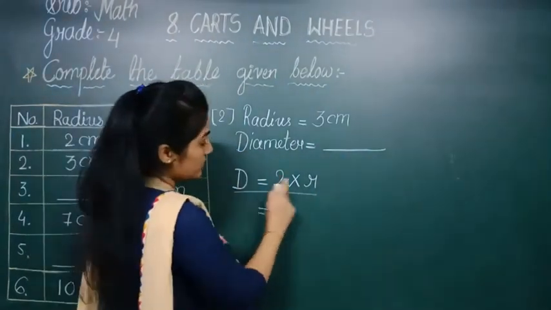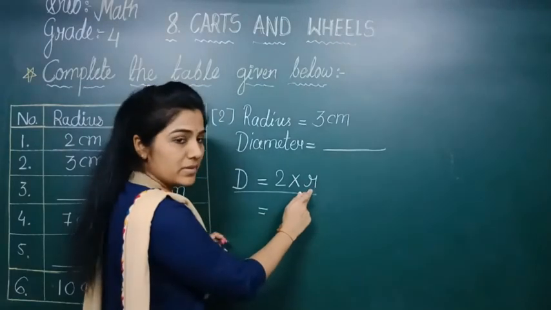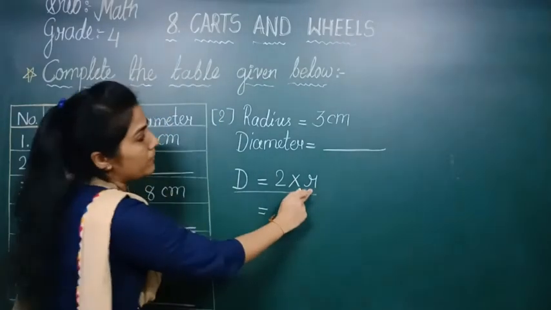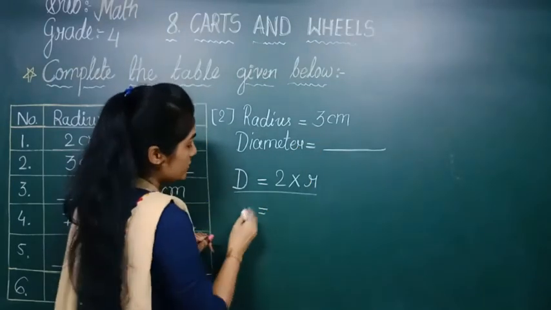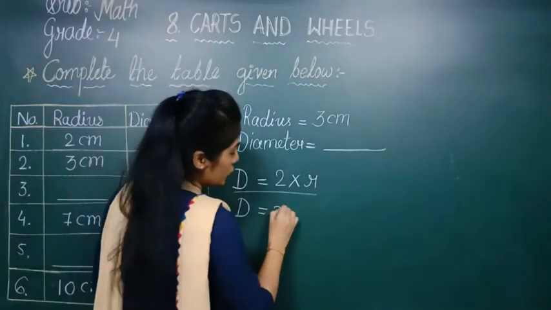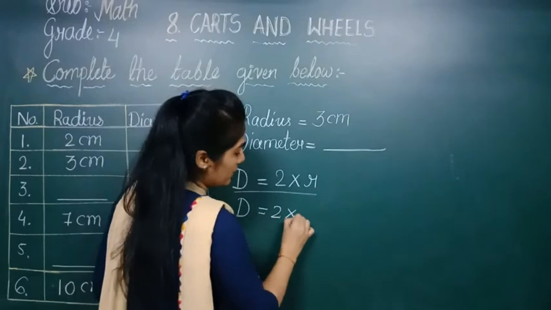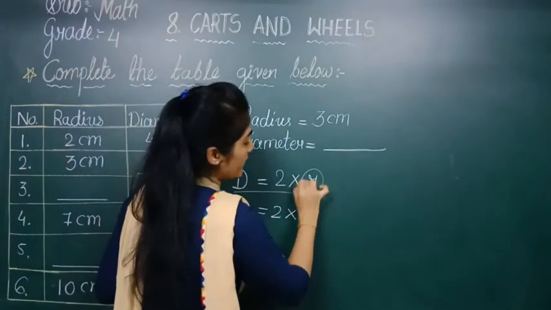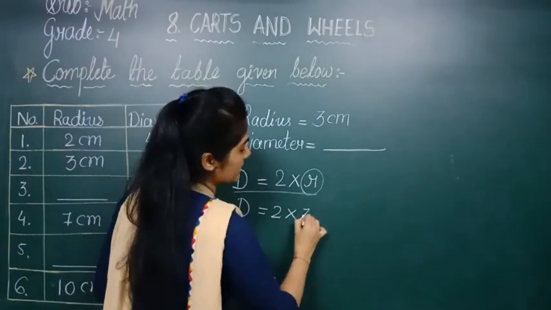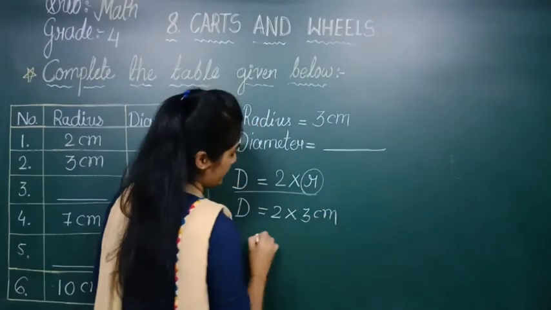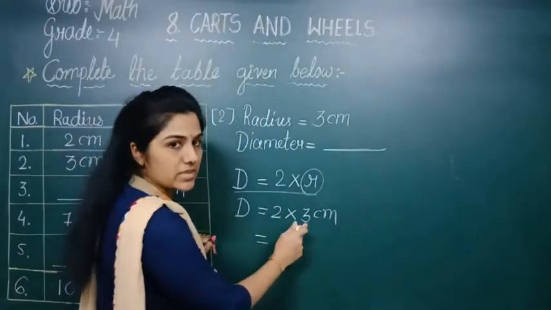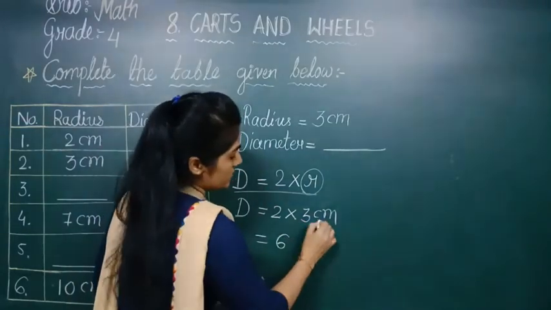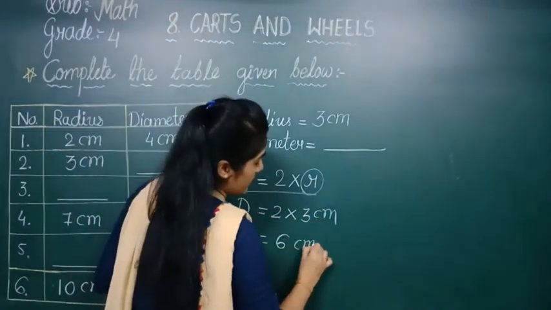Now in this, instead of R we are applying the value of radius which is 3 centimeter. So D is equal to 2, same multiplication sign, and instead of R we are writing 3 centimeter. Now multiplication of 2 and 3, 2 threes are 6 centimeter.